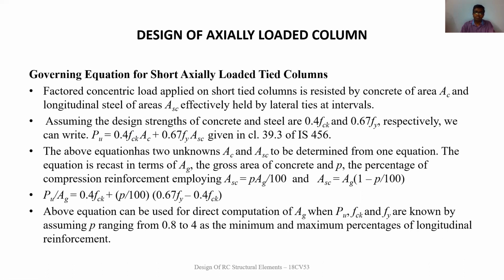Hence, from the above equation, we can directly find out the gross area when the ultimate axial load, the compressive strength of concrete and the yield stress are known, and by assuming the percentage of steel, which generally ranges from 0.8 to 4%.